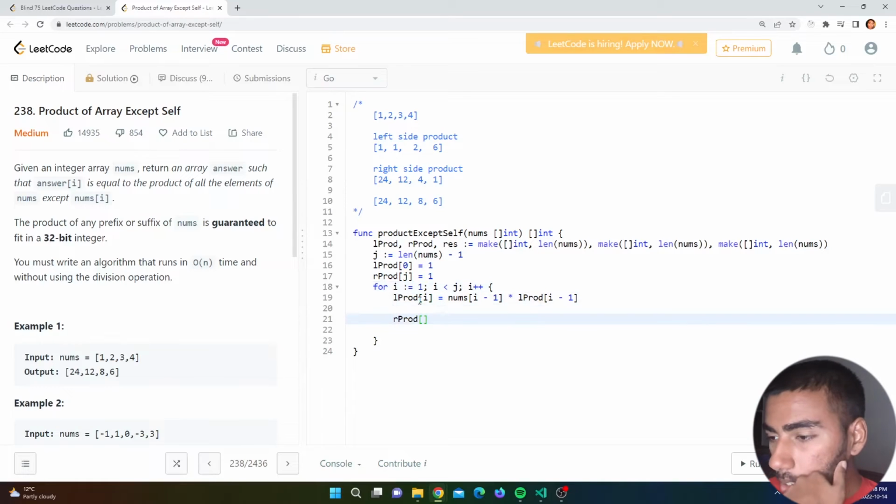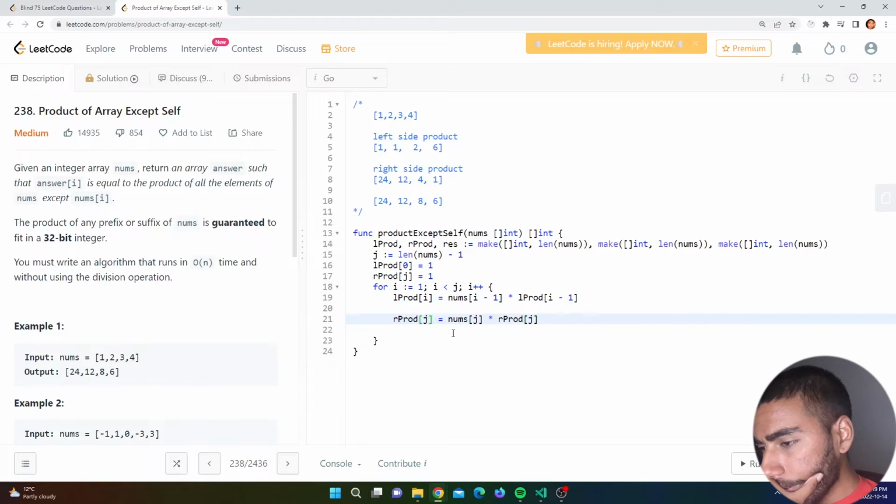So now the right side product over here, which is 1, times 4 is going to be 4. So over here we put J, and then nums at J times R prod at J.